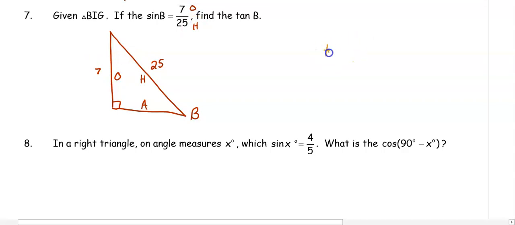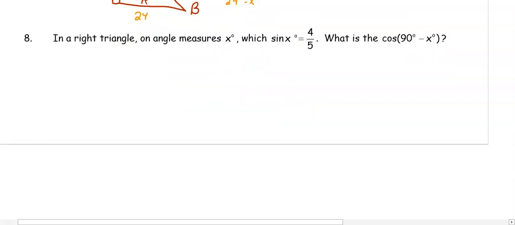To find the tan of B, we need our opposite over our adjacent side. So we're going to do Pythagorean theorem to find that missing side. 25 squared equals 7 squared plus x squared. 625 equals 49 plus x squared. We can subtract 49 from both sides. 576 equals x squared. So x is 24 as our missing side. So our opposite side is 7 and our adjacent side is 24 to complete our ratio.